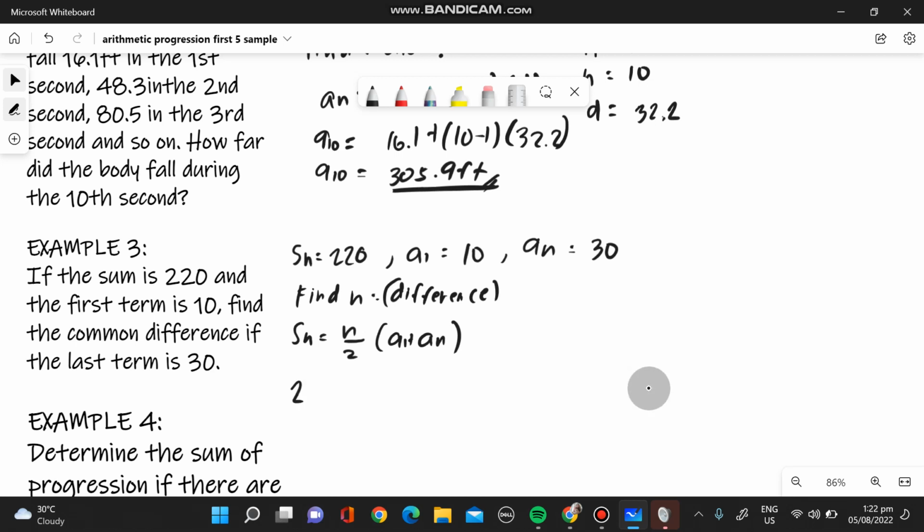We have Sn is equivalent to 220. It is equivalent to n over 2, where n is the missing one. a1 is equivalent to 10 plus an is equivalent to 30. So n now is equivalent to 11.